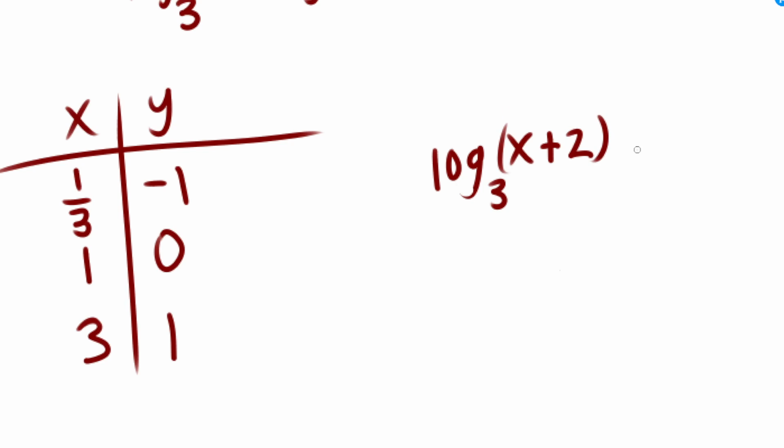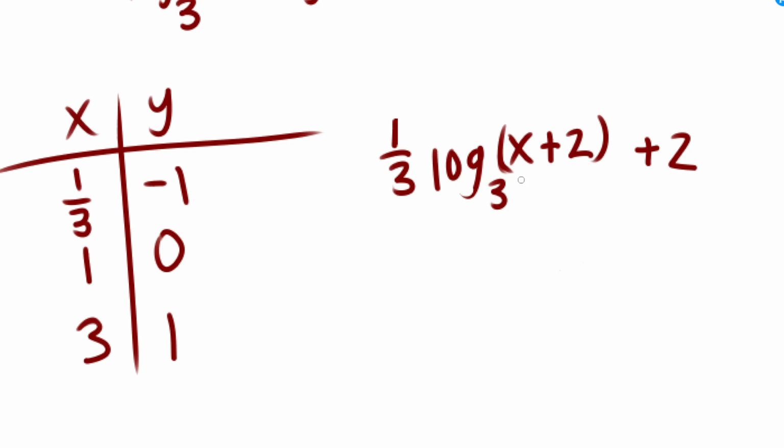If we have -2, that would shift our graph down by 2. If we have +2, that would shift it up by 2. If we have 3 times our logarithm, that will stretch our logarithm by a factor of 3. If we have 1/3 times our logarithm, that will compress it by a factor of 3.